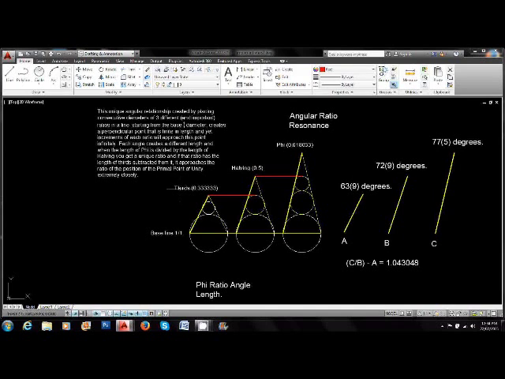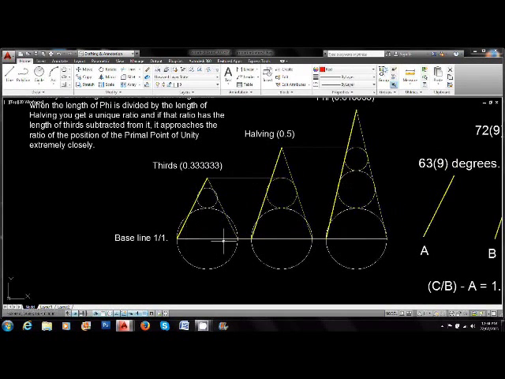All I've done is I've started with the baseline of 1 to 1, so these three diameters of these circles are the same unit length.